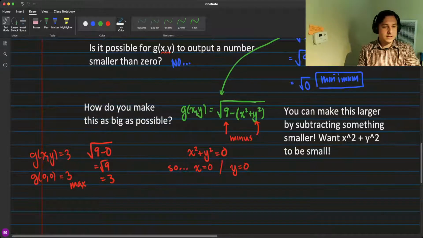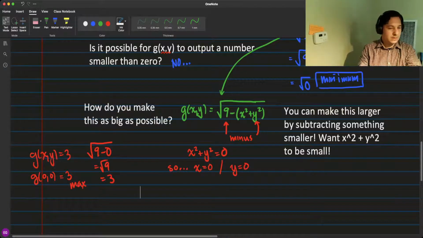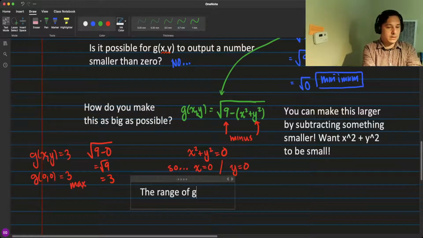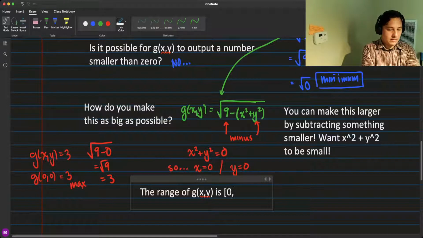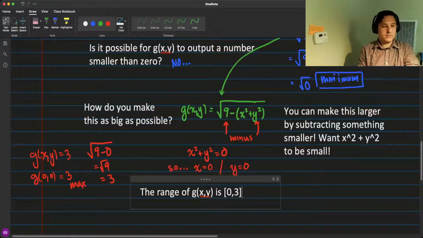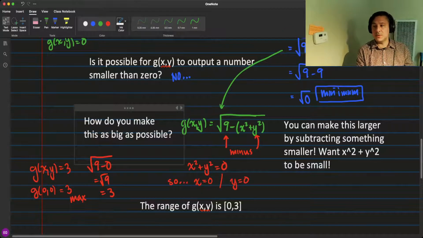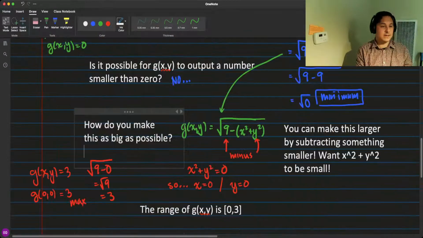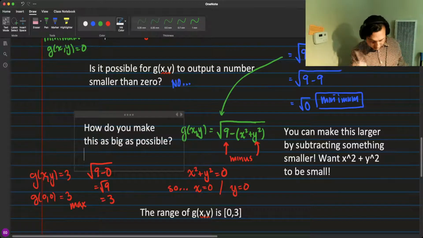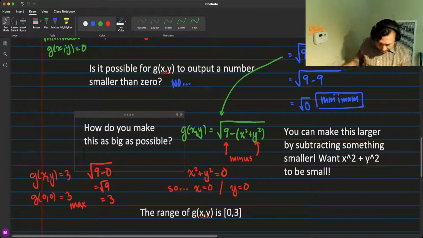So the range of g of x, y is the interval 0 to 3. So in other words, this function spits out numbers between 0 and 3. Yeah, so the max is at the origin. So I'm going to pause here to see if there are questions.